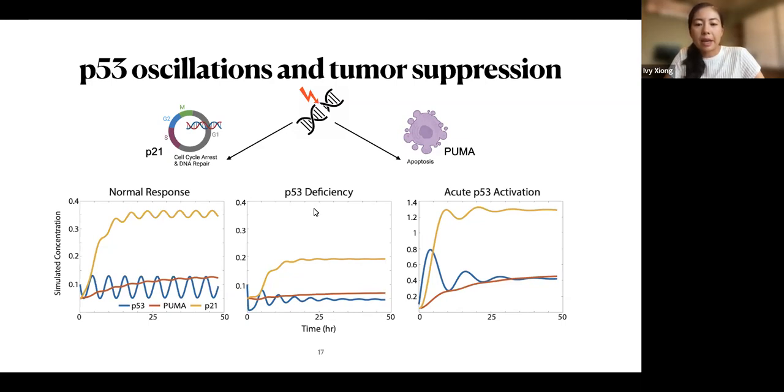That recapitulates what we know about the biology: when you lose P53 even by 1/2, the system will not be able to cope with the challenge. Another scenario is acute P53 activation through MDM2 inhibitors like Nutlin-3. We see a potent induction of both P21 and PUMA, and the cell is committed to apoptosis immediately, really early on in the response.